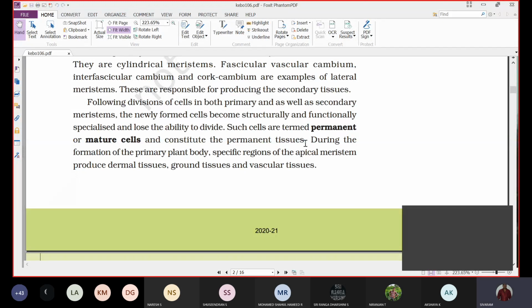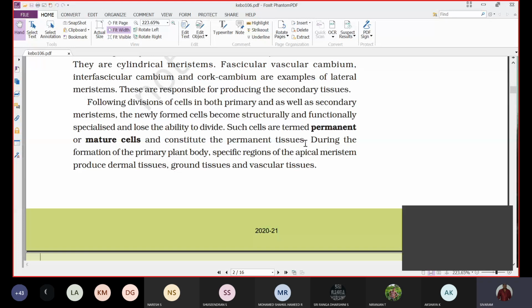The tissue which has lost the ability to divide and transformed to perform some specialized functions, we call it a permanent tissue. Understood? Does anybody have any doubt here? What is a permanent tissue? The cells present in the permanent tissue are what we call mature cells.